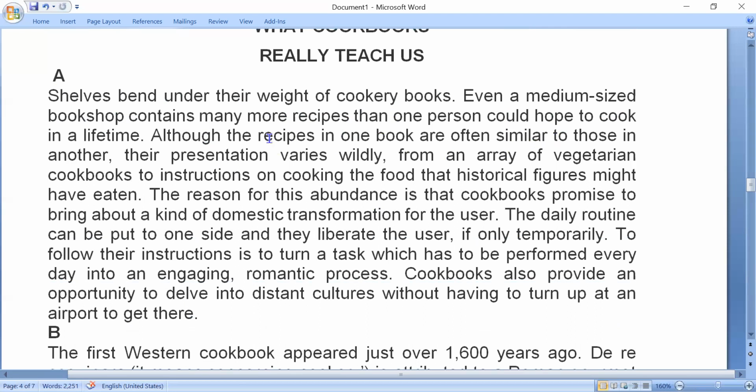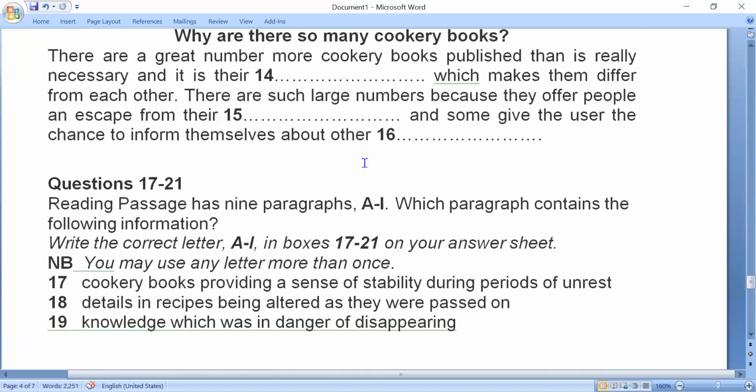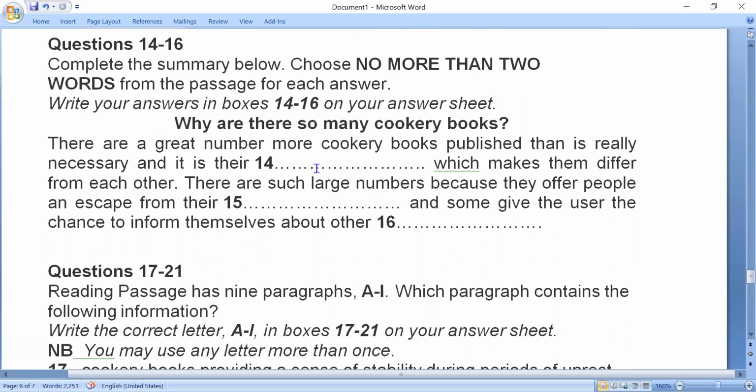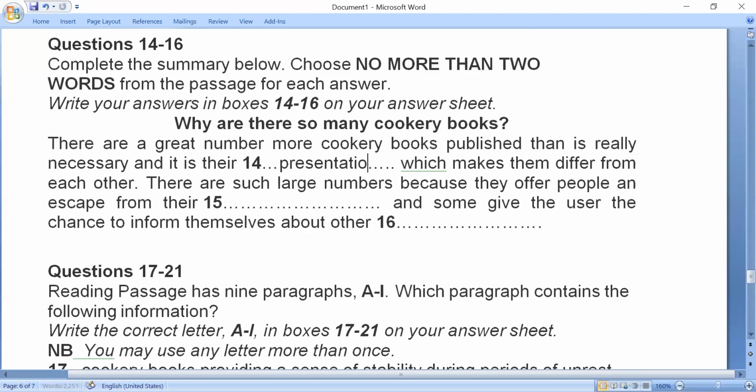The presentation varies wildly. I think the answer would be presentation. Let's write it: presentation, which makes them differ from each other.